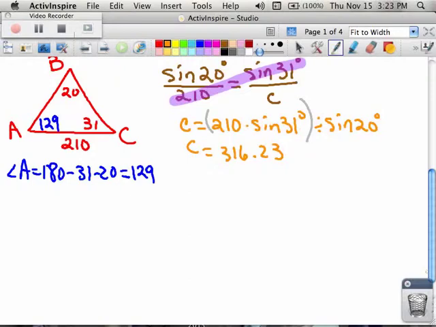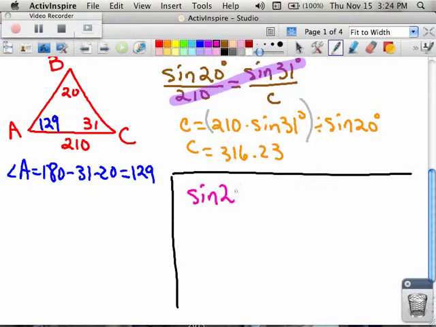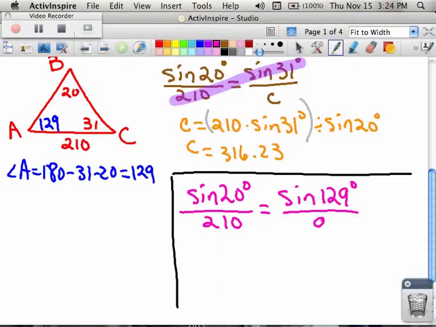If I want to do the same thing to find the last remaining side, side a, I could set it up the same way. The sine of 20 degrees over the side across from it should be the same relationship as the sine of 129 degrees divided by side a, which is across from it. As before, I cross multiply and divide by what's left over.